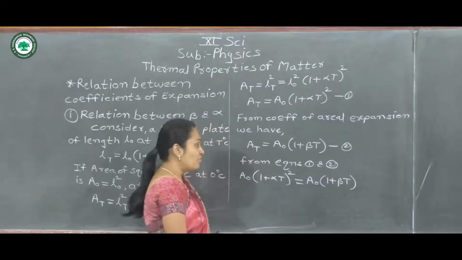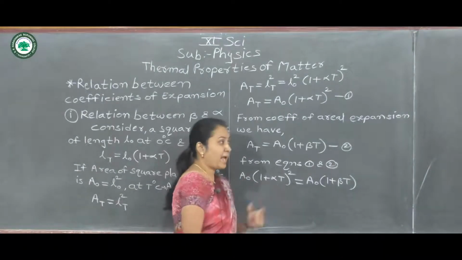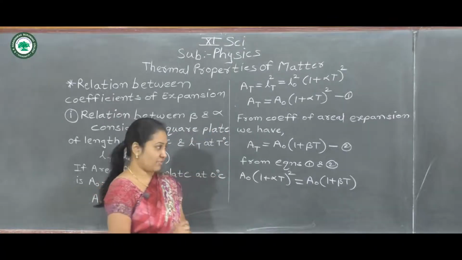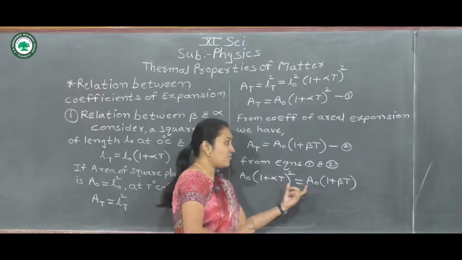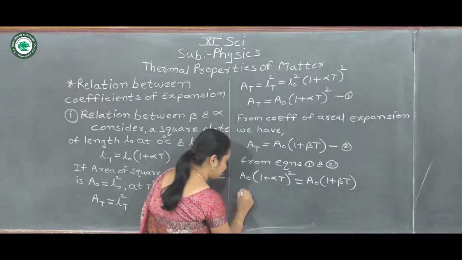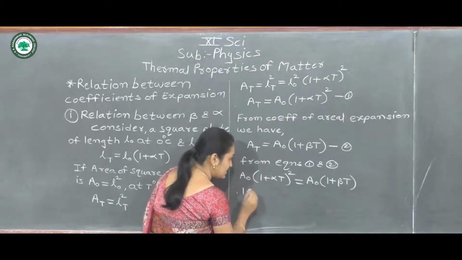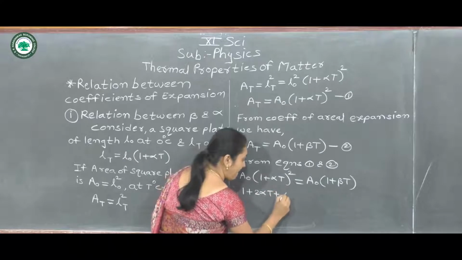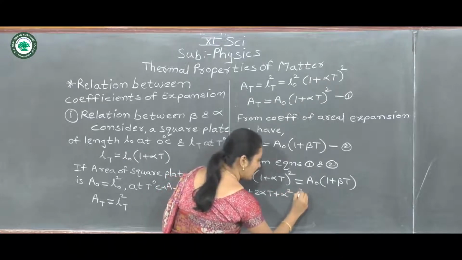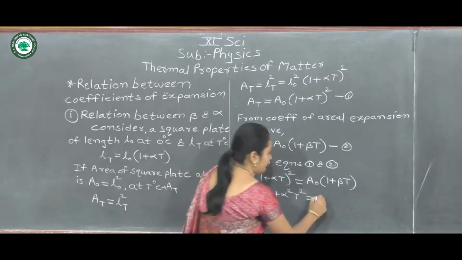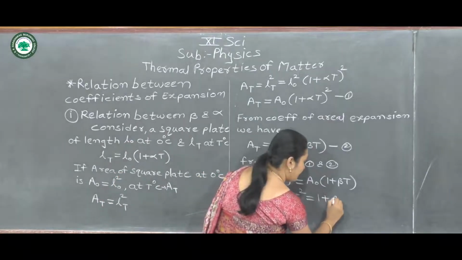Then we will square this bracket by using the formula A plus B bracket square. So 1 plus alpha T bracket square is equal to 1 plus 2 alpha t plus alpha square t square is equal to 1 plus beta t.